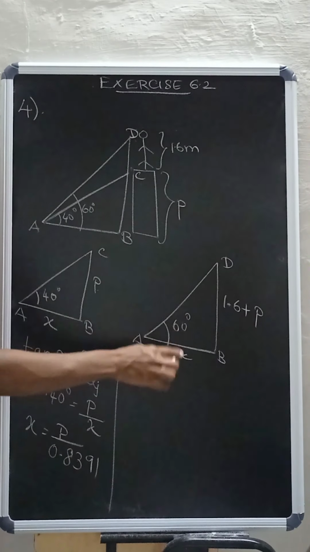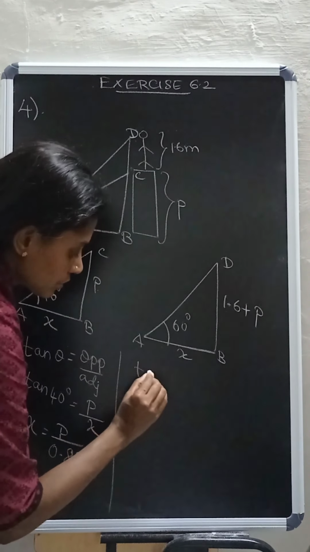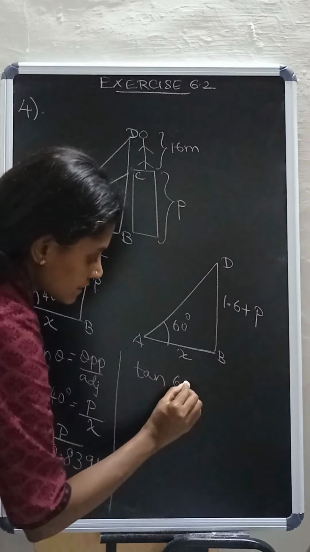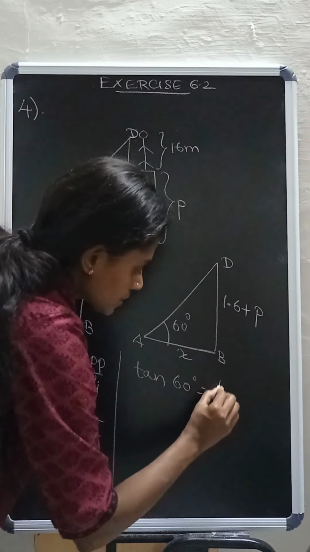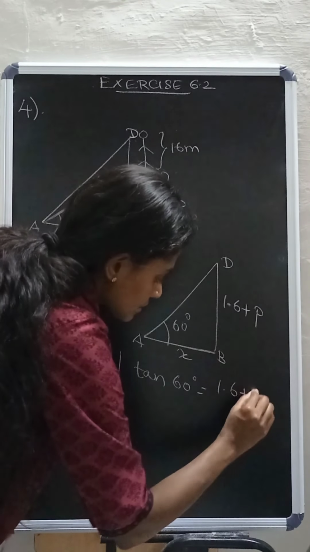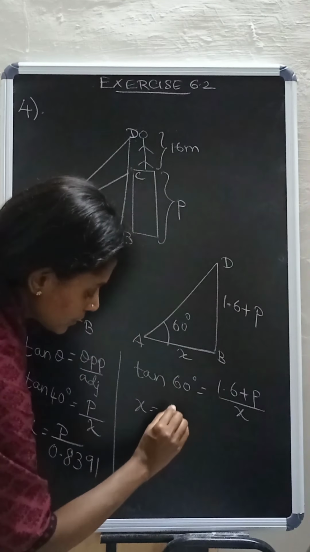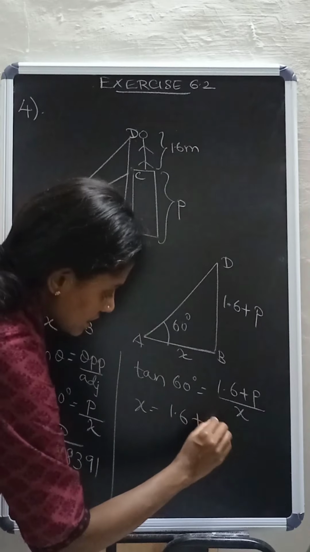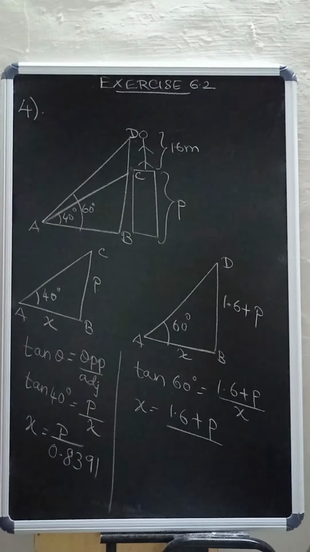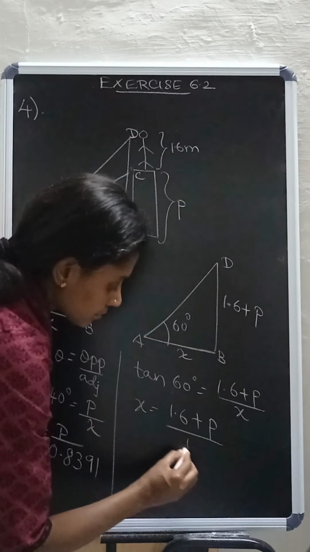In this triangle also we will find out X. So here tan 60 degrees is equal to opposite is 1.6 plus P by X. Now X is equal to 1.6 plus P divided by, what is tan 60 value? Root 3.